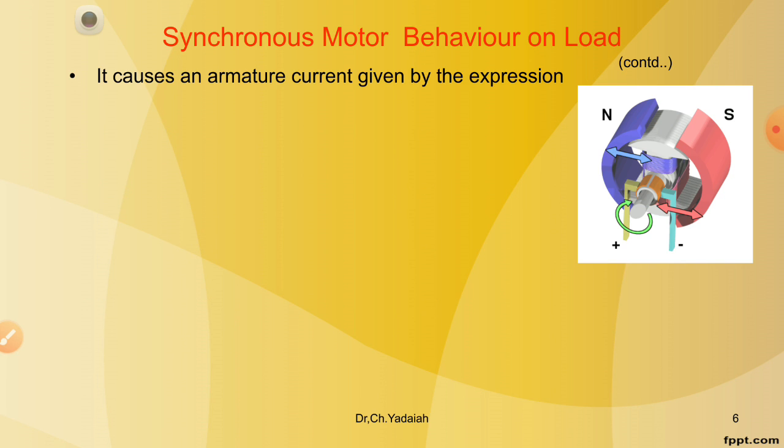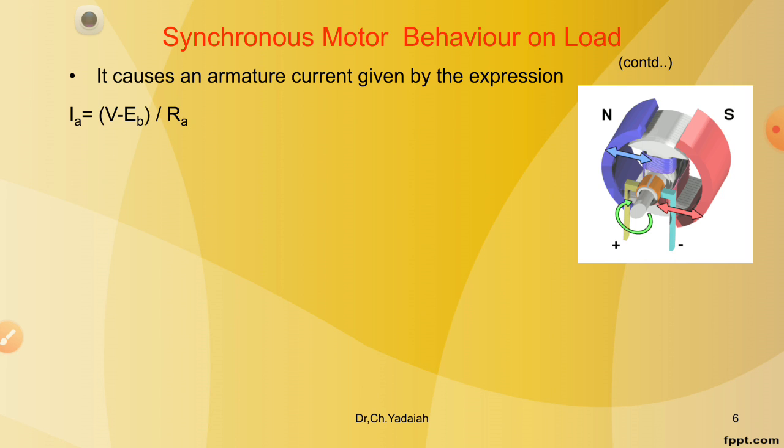As we know, it causes an armature current given by the expression Ia Ra is equal to V minus Eb. So I want the armature current: Ia is equal to V minus Eb by Ra.